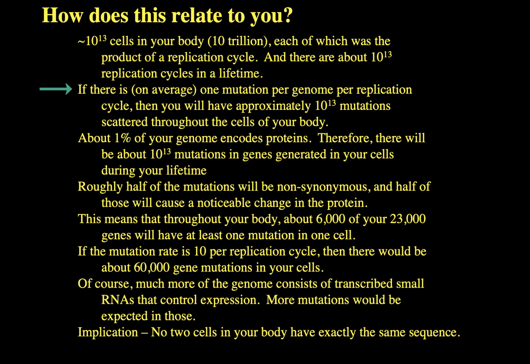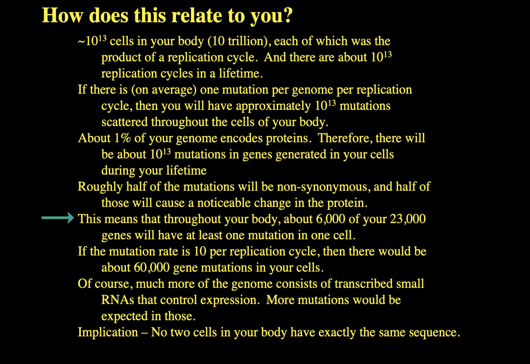And if there's on average one mutation per genome per replication cycle, and 1% of your genome encodes proteins, then there will be approximately 10 to the 13th mutations in genes generated in your cells during your lifetime. Roughly half of those will be non-synonymous mutations in those mRNA encoding genes, and half of those will cause a noticeable change in the proteins.